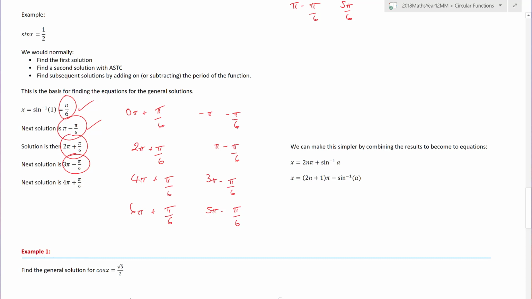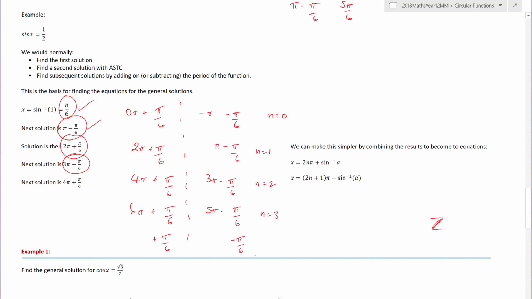So we notice if I was to split this in half, if I was to say here that n equals 0, and here n equals 1, and here n equals 2, and here n equals 3, why? Because we're only going to ever put n values as integers, right? So that's 0, 1, 2, 3, and negative values. So all of these have plus pi on 6. All of these have minus pi on 6.